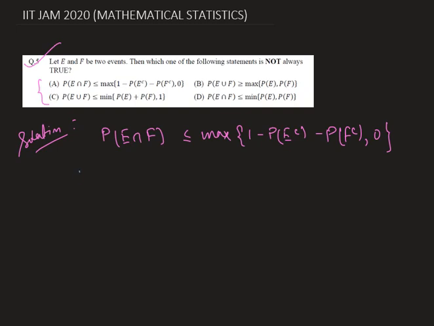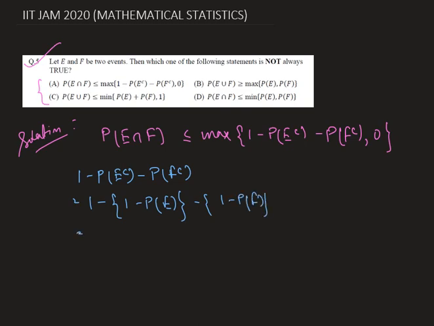Now we can write 1 minus probability of E complement minus probability of F complement in this way, that is 1 minus probability of E minus 1 minus probability of F. Therefore this reduces to probability of E plus probability of F minus 1.